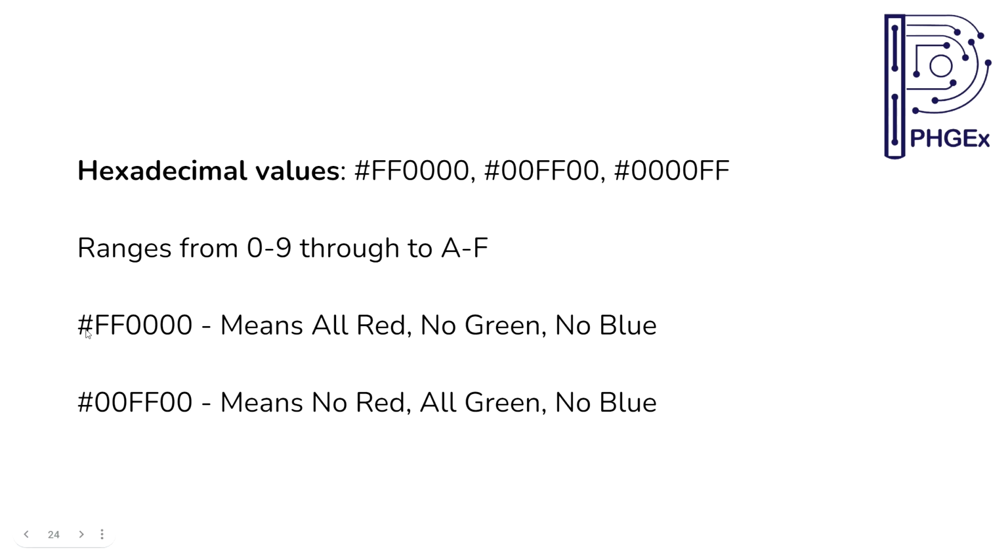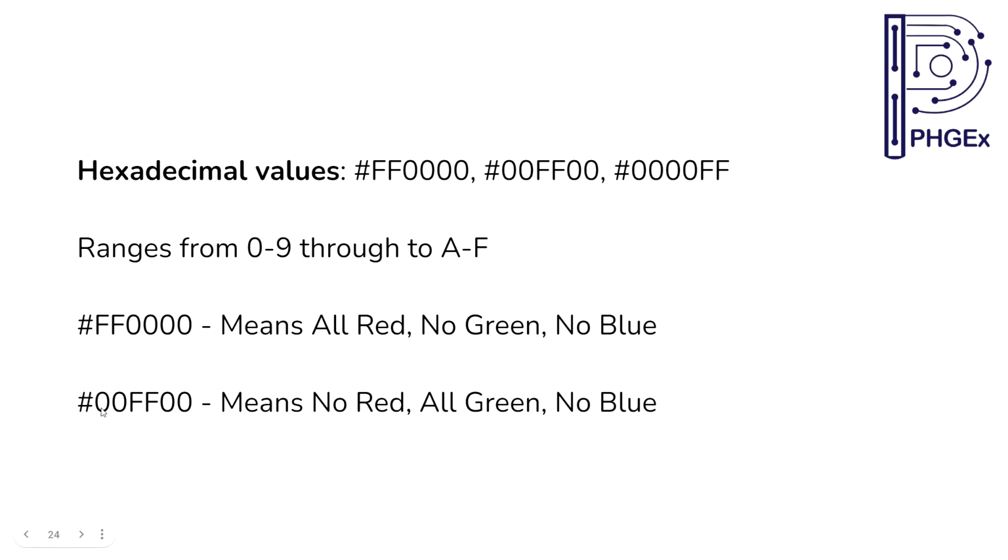If you want to specify a hexadecimal value, you begin with the hash keyword. So you write hash before the colors come in. So if you have hash FF0000, it means that we are going to have the color red, because this is the full red, 0 blue, and 0 green.